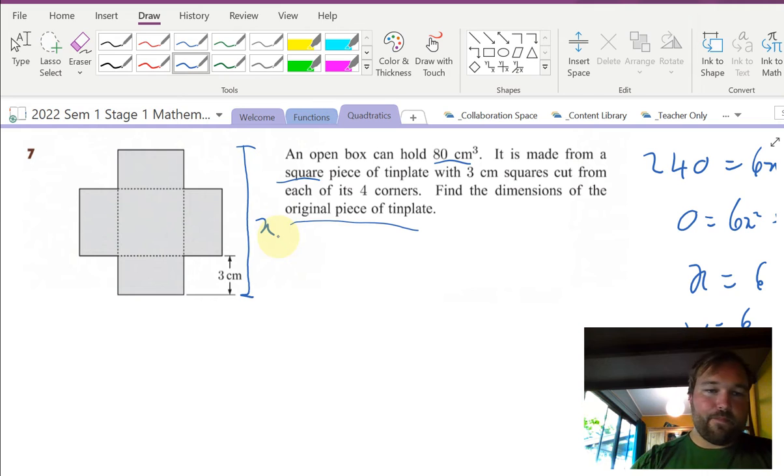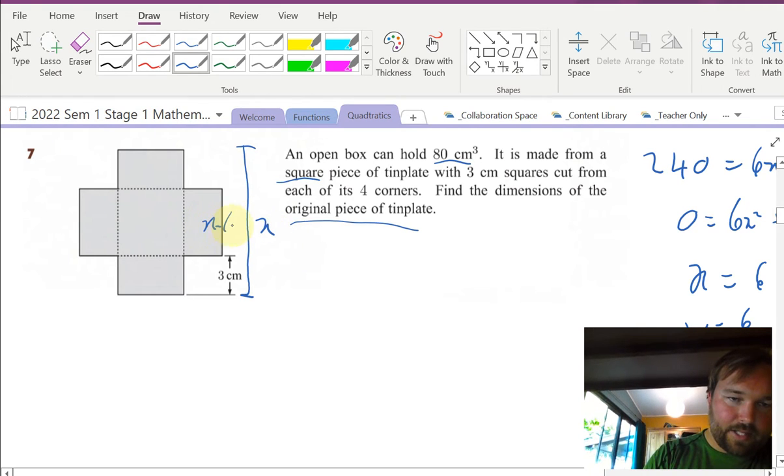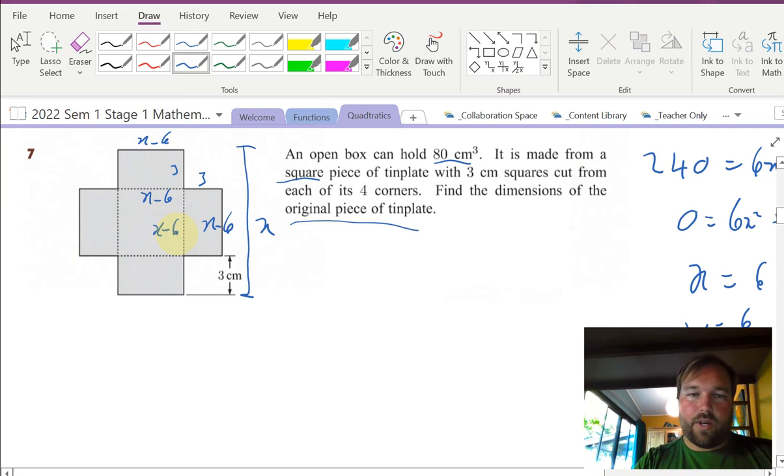So, really, what we have is this side here being x take 6, and that one being 3. And same again, x take 6, 3, and this one is x take 6 and x take 6. All right, so it's an open box, meaning there's no lid, it's just those colored bits that we see.